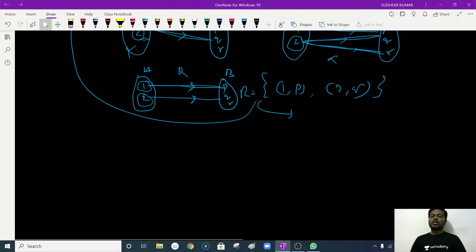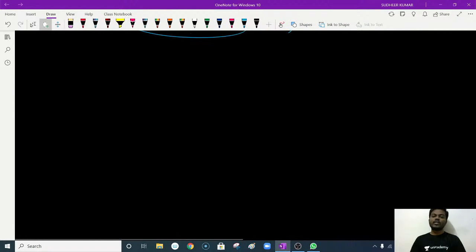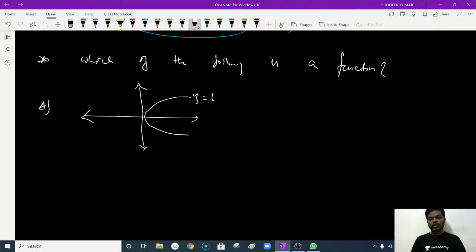So here usually we'll use these two tests to find out. If the elements are given, we can find out easily whether it is a function or not. Now, if the question is given, which of the following is a function? Option A: if you draw the x-axis and y-axis, this is the graph of a function y equal to f of x.